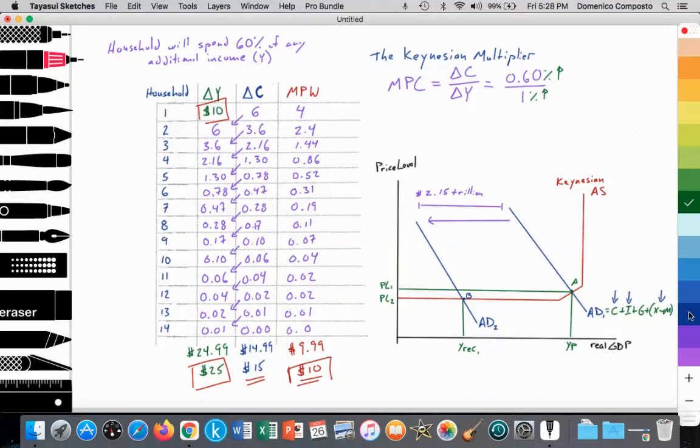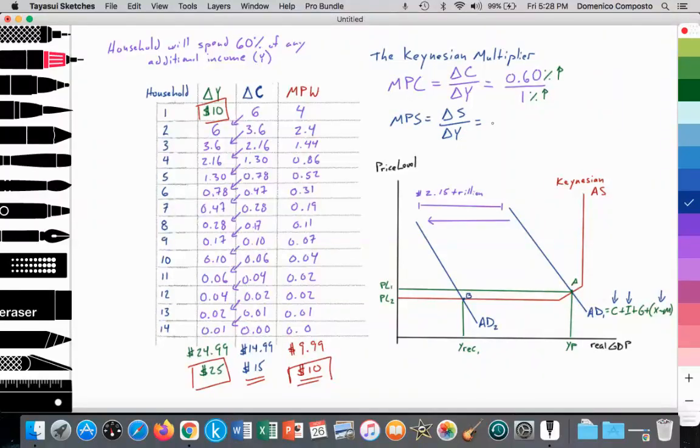Some other key terms include the marginal propensity to save, MPS. That is the change in savings as a result of the change in income. Let's say that any additional income, a portion of that will be saved.